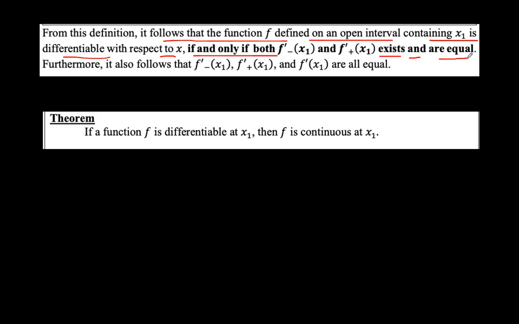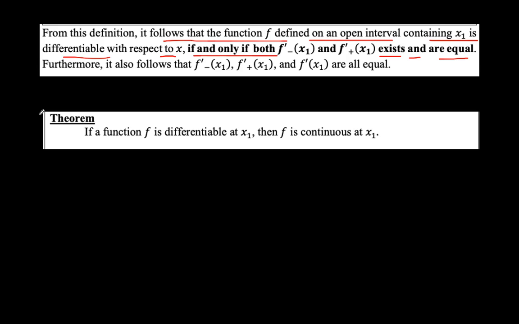So they should exist and at the same time their values are equal. And if that is so, then the derivative of the given function at x sub 1 is also equal to those two one-sided limits, or derivatives, all right? So that's the definition. Those are the two conditions for us to show whether the given function at the given number is differentiable or not.